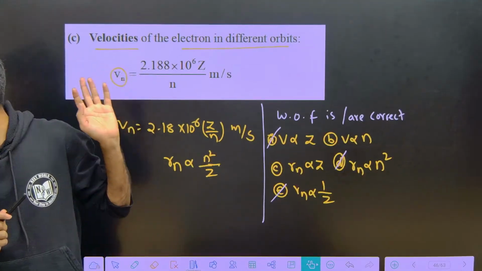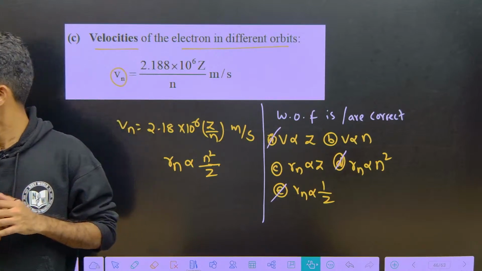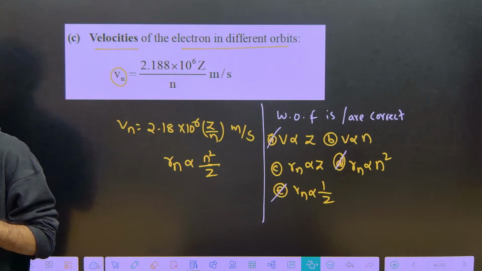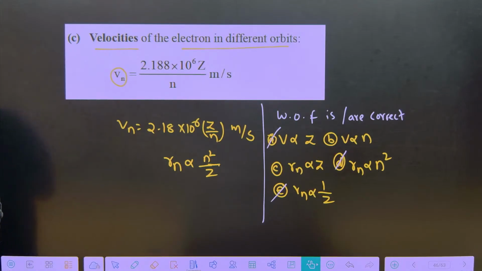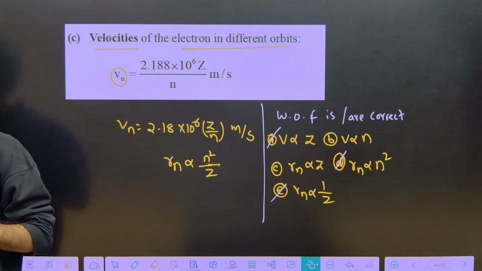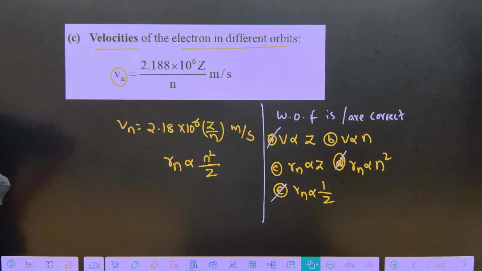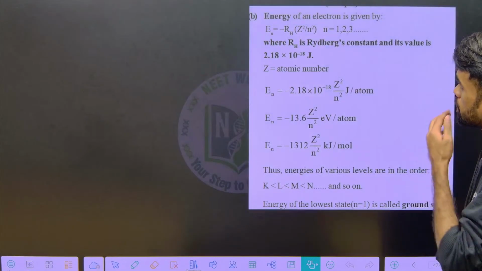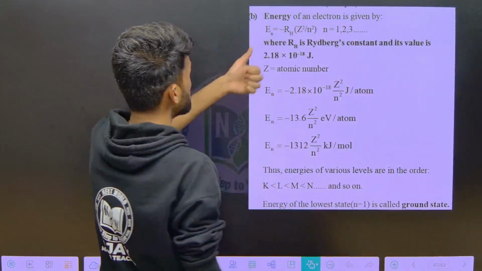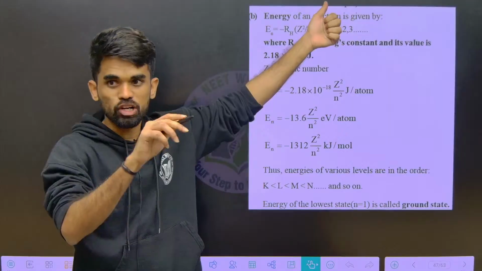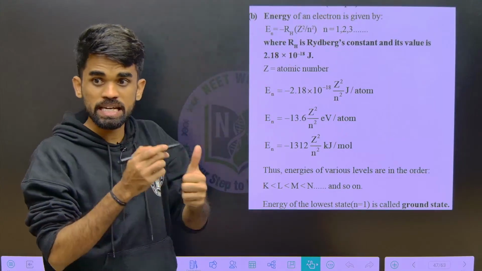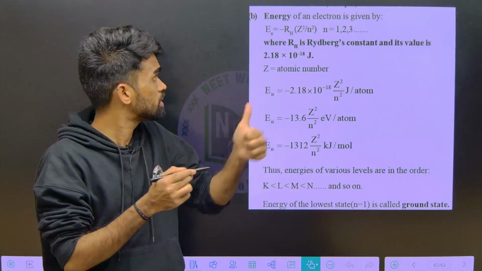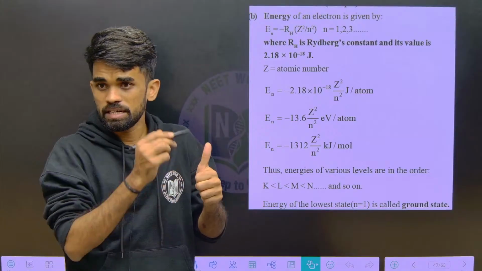So have you written this formula? Yeah, write it fast. Next one is the energy of an electron present in that nth orbit. First one is the radius of an nth orbit, second one is the velocity of the electron revolving in the nth orbit, and third one is the energy of an electron present in the nth orbit.